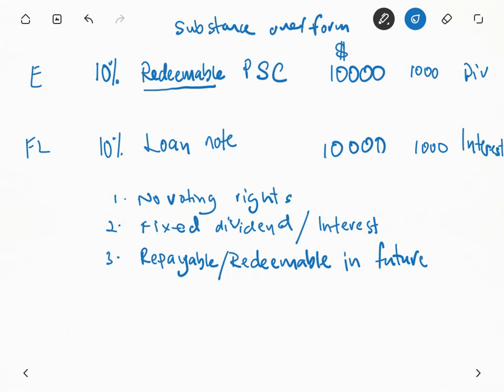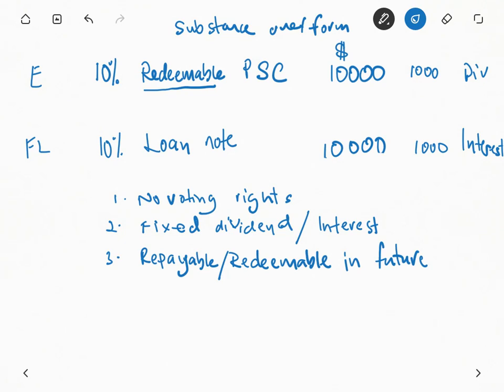So you notice here we have two different instruments. Both have similar characteristics. Yes, 10% loan note, no issue. Confirm financial liability. You have an obligation to deliver cash. What about preference share?